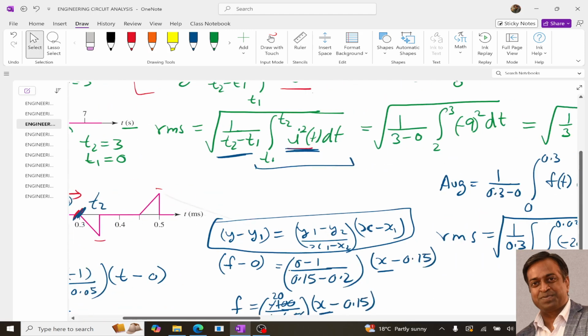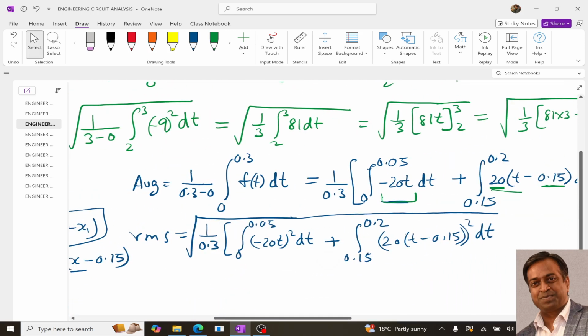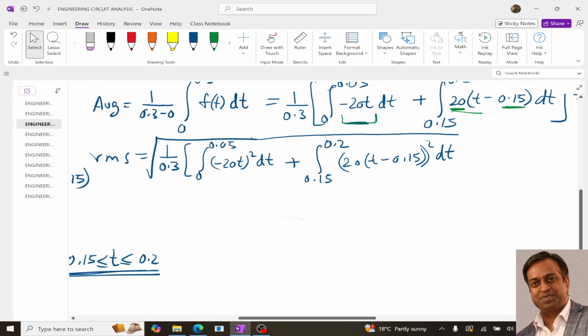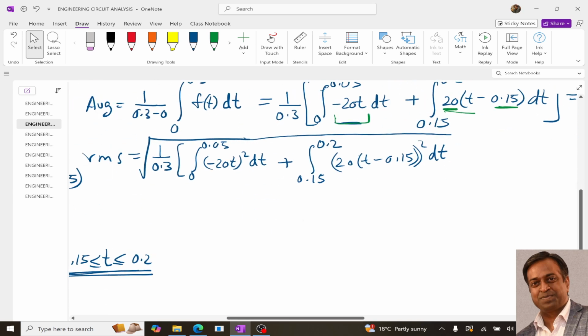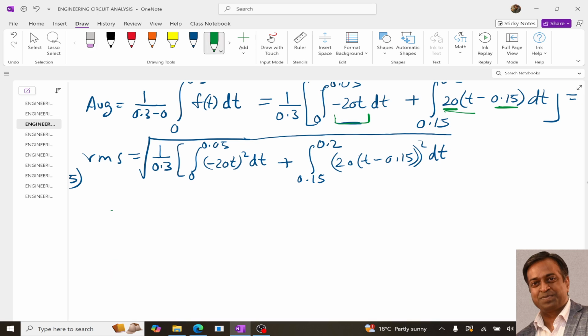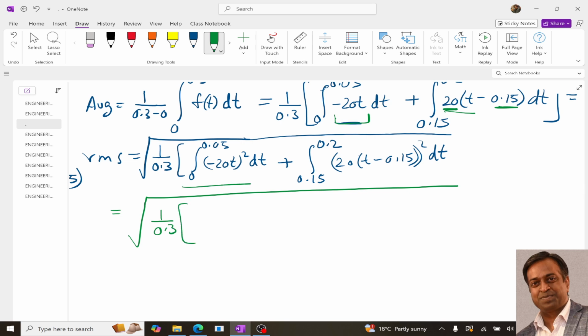Now similarly, for the RMS value, if we calculate the RMS value, then for this one the integration will be this expression, this internal expression, it will be 400 t square, right?